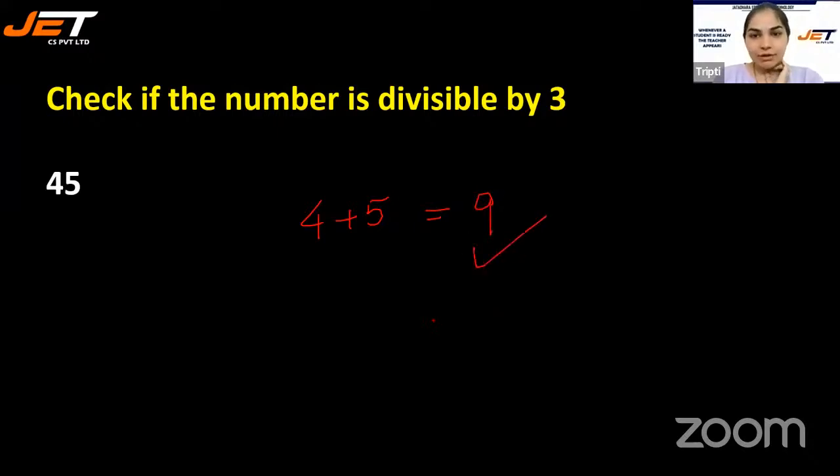Do you see 9 in the table of 3? Yes, we do. 9 divided by 3, it is divisible. We get 3. That means this number is divisible by 3. You just need to do the sum of the digits. And if that sum is divisible by 3, the entire number is divisible by 3.